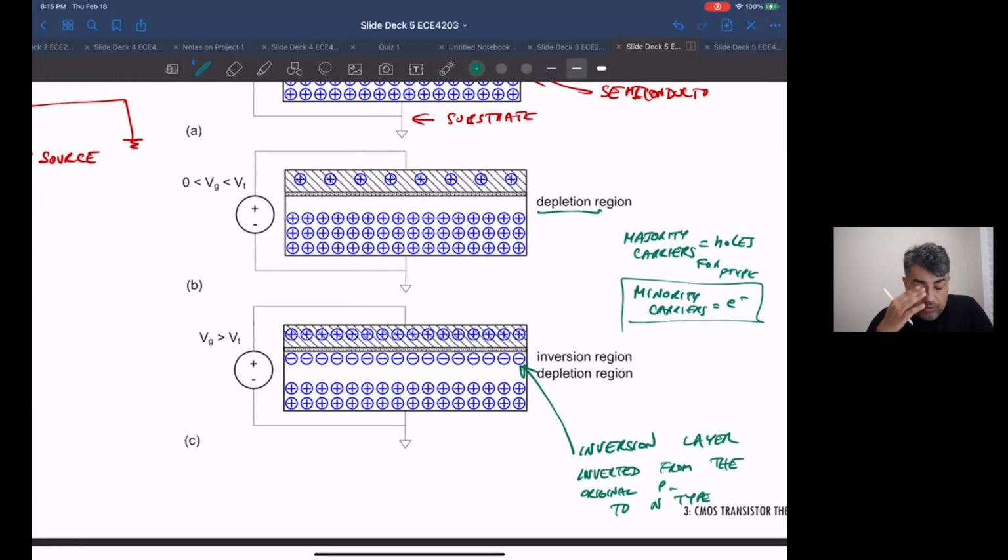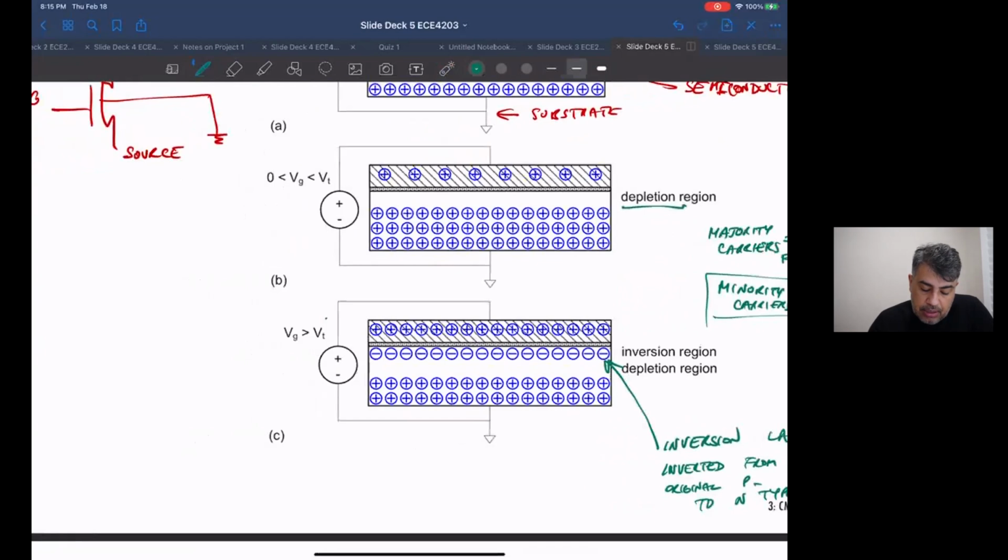It sort of inverted its status. And when this happens, by definition, this gate voltage is defined as the threshold voltage.